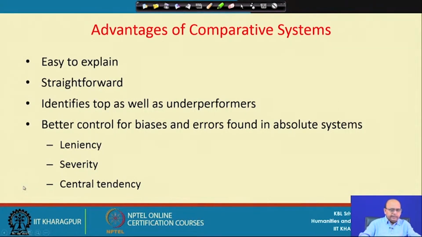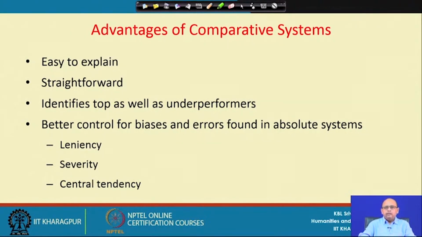Now, one of the advantages of the comparative system is that you can understand it better, because you are comparing one person with another person, right. And here you are neither biased nor making errors, because you look at the average performance of the class.